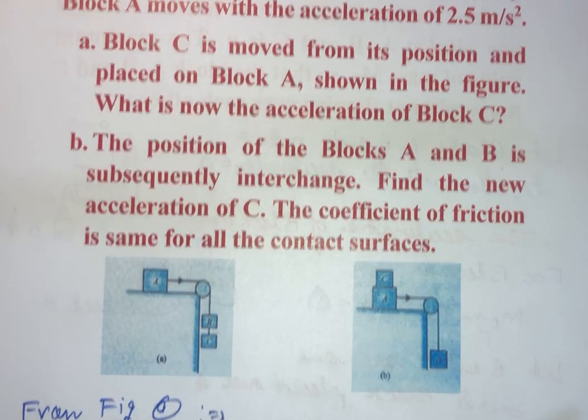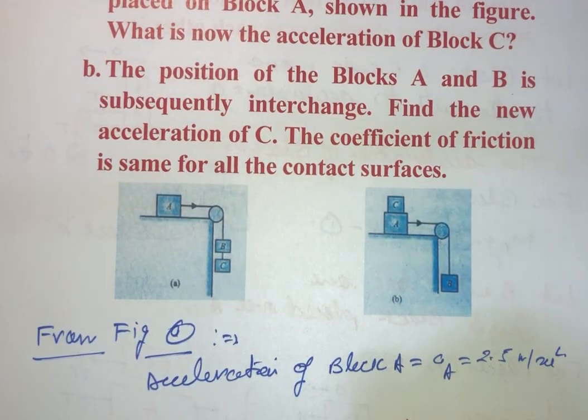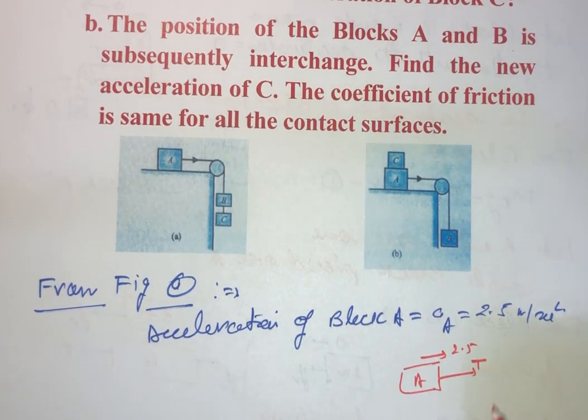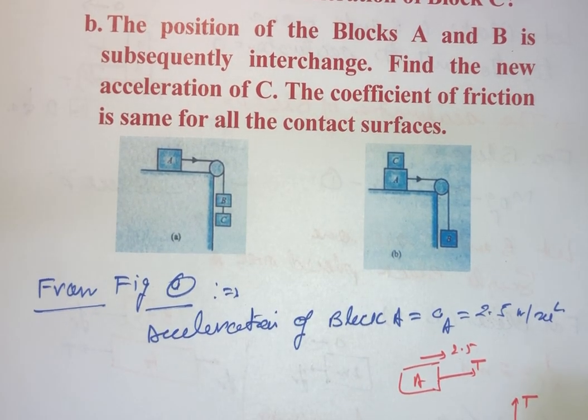And let me draw it here. So this is our block A. It is moving with the acceleration of 2.5, and we have tension T here. And for B and C, let us treat it as one system. So this is tension T, and obviously it is also going to move with the acceleration a in the downward direction.